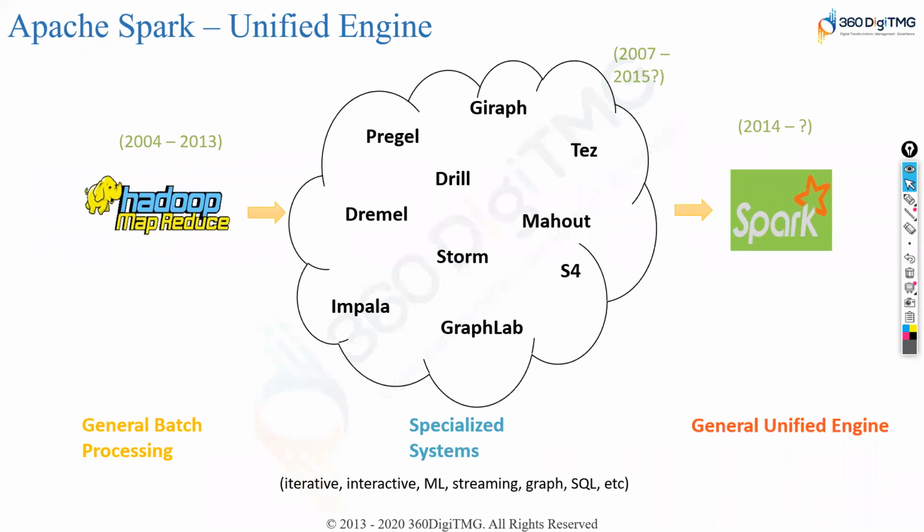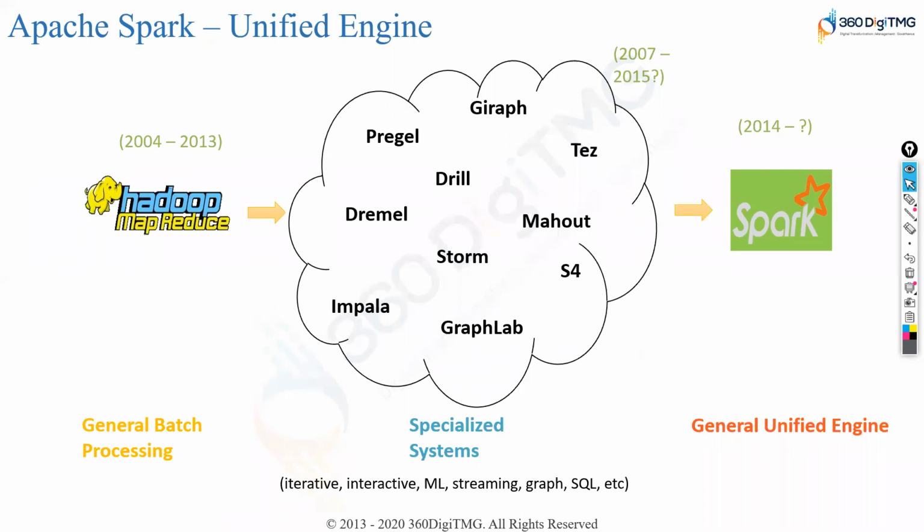We want to find a solution for our problems using this software. And Spark, as I mentioned, supports all this. It is called a General Unified Engine. You can simply call it a unified engine.